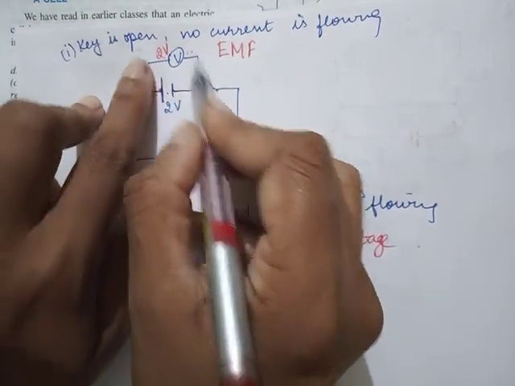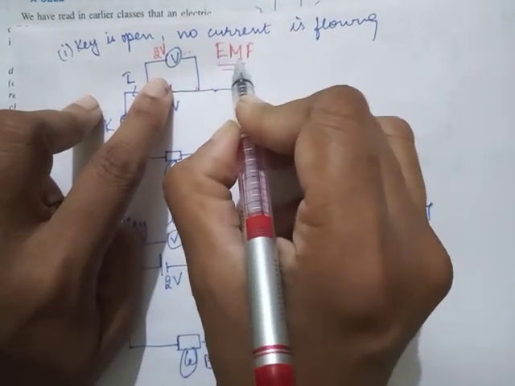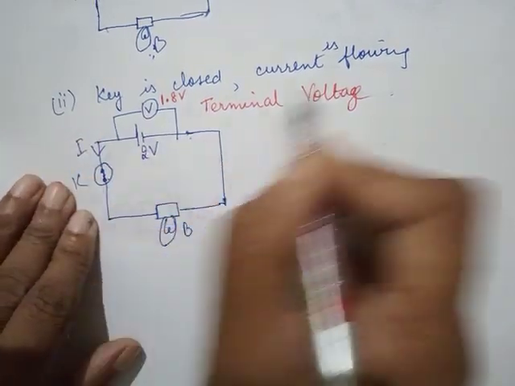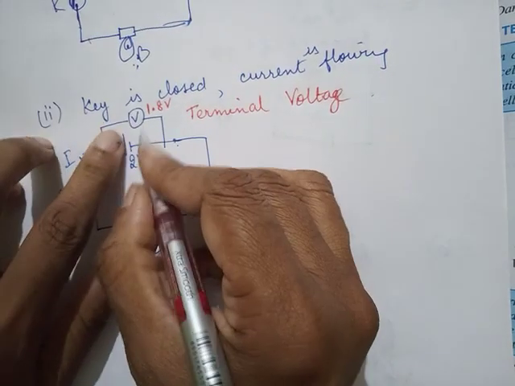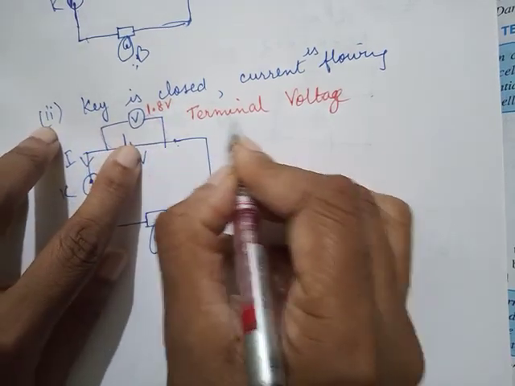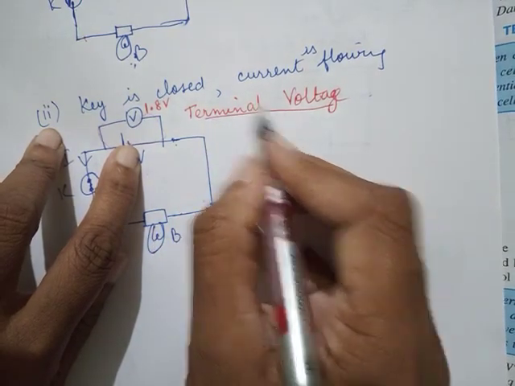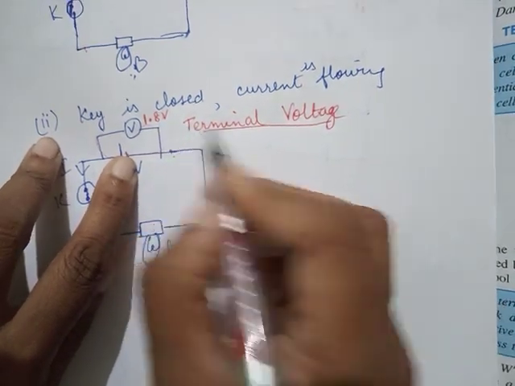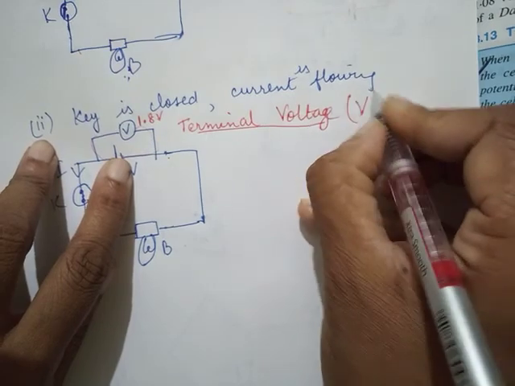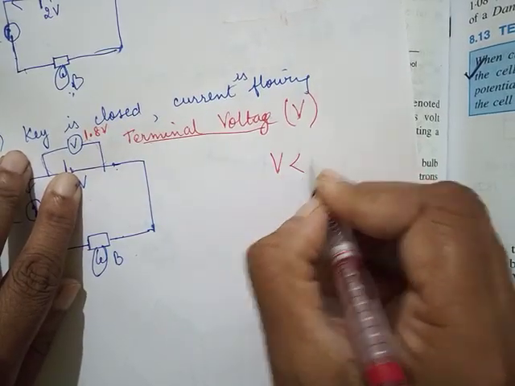So whatever is the potential difference across these terminals of the battery, that is EMF, electromotive force. On the other hand, when the key is closed and current is actually flowing, whatever is the potential difference across this battery, that is called terminal voltage, and terminal voltage will always be less than EMF. Terminal voltage we represent by capital V, EMF we represent by capital E. V will always be less than E.